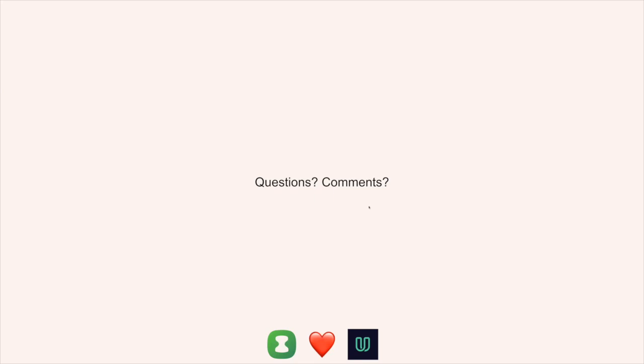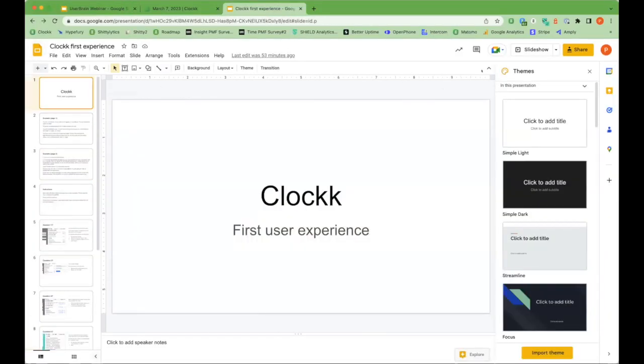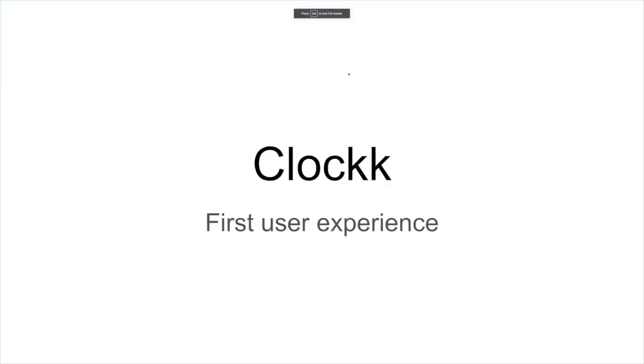Okay. So I'm going to go to a different slideshow. I was just working on it this morning, and this is why I'm excited to have UX designers in here. So you might want to stick around for the next 2 hours and just give me ideas. One of the things that's really hard about Clockk is the first user experience.